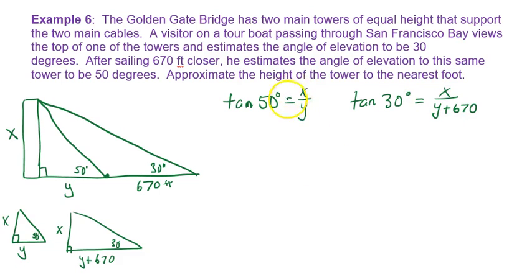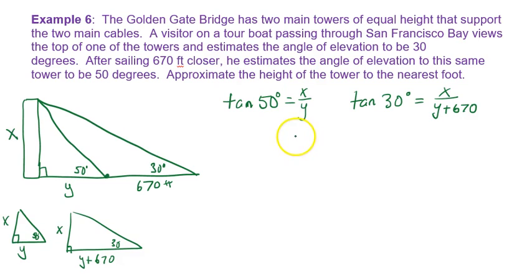You'll notice that both equations have two variables. Both of them have x and y in them. Anytime you have two equations and two variables, you're going to have to do substitution. Probably back in an Algebra 1 or Math 1 class, you did substitution and elimination with linear functions. You can do substitution with trig. It's just a little bit uglier to look at.